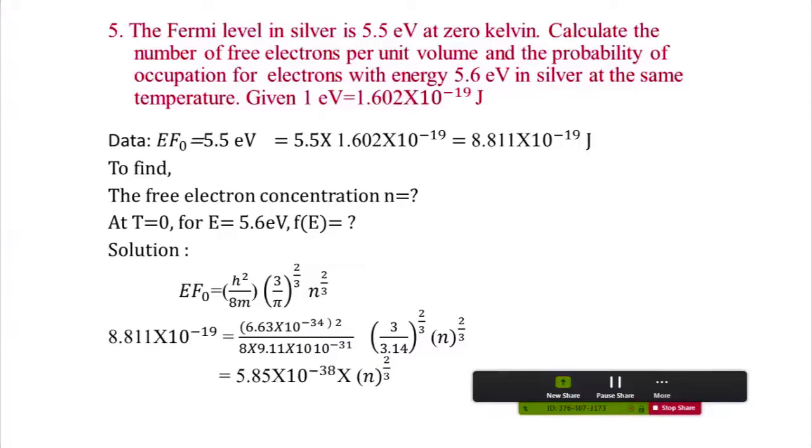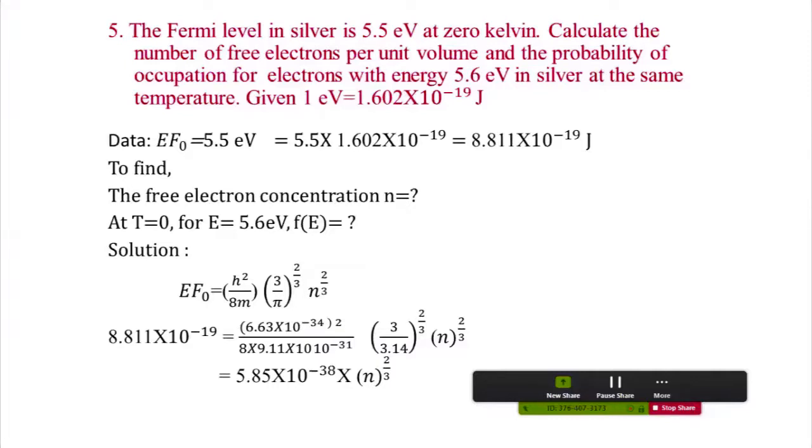You just substitute 8.811 into 10 to the power minus 19 equals h value, Planck's constant, that is a universal constant, 6.63 into 10 to the power minus 34 whole square, whole divided by 8 into mass of electron 9.11 into 10 to the power minus 31. Next, 3 divided by pi value 3.14 whole to the power 2 by 3 and n to the power 2 by 3. We want n to the power 2 by 3, that is the free electron concentration.